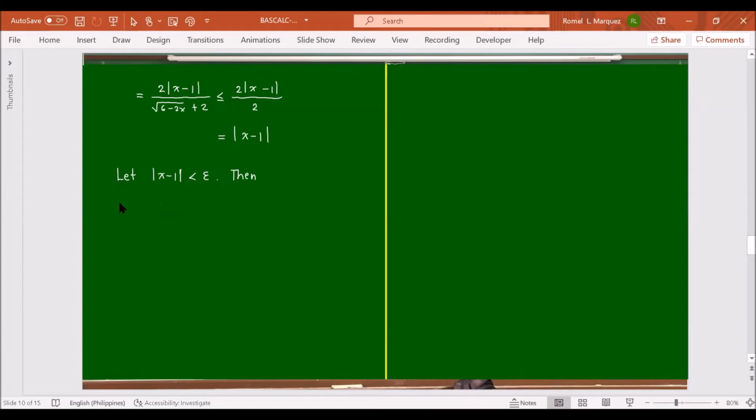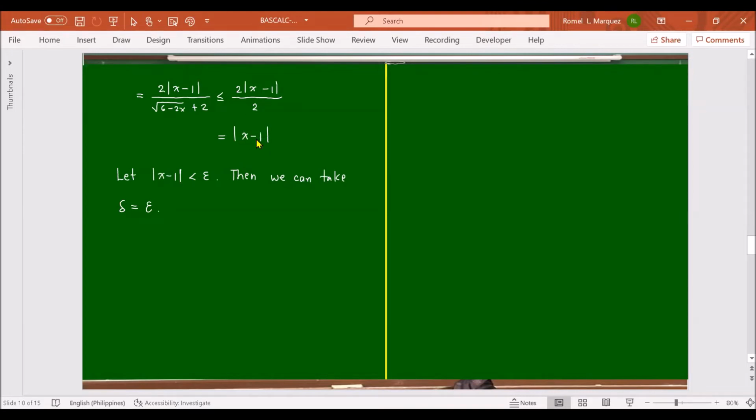So again, then we can take delta to be epsilon. So again, take note that this is greater than this. And this is equal to the left side of the conclusion in the statement we are supposed to prove. And this is supposed to be less than or equal to this.